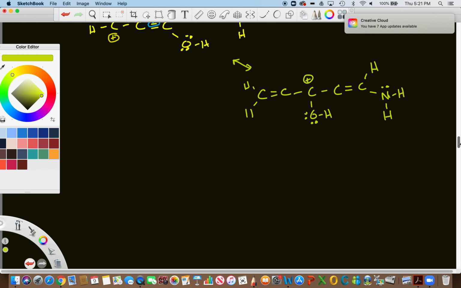I'm going to scroll down here a little bit. So now, too long a line. We can have another resonance structure. In fact, there's two possibilities off of this one here. We can move a pair of electrons from the oxygen to form the double bond.